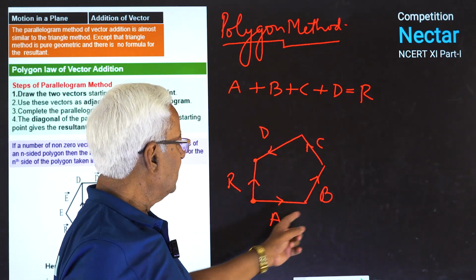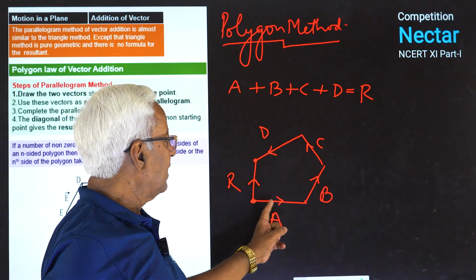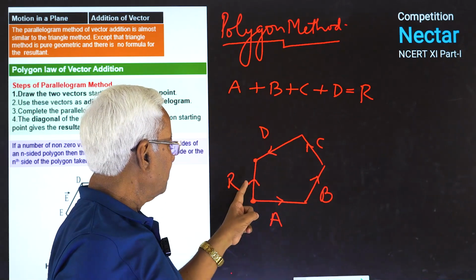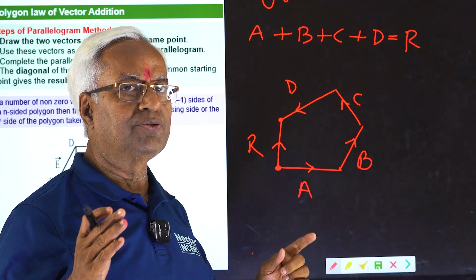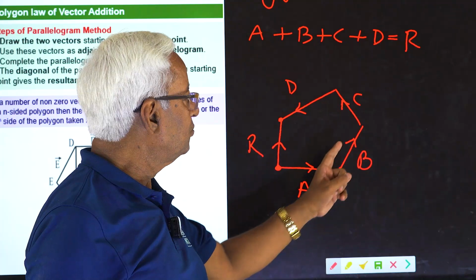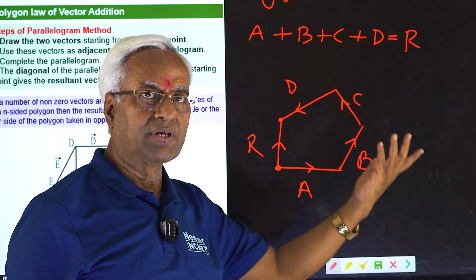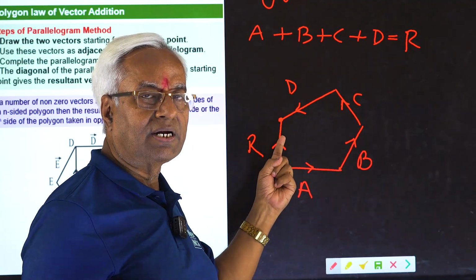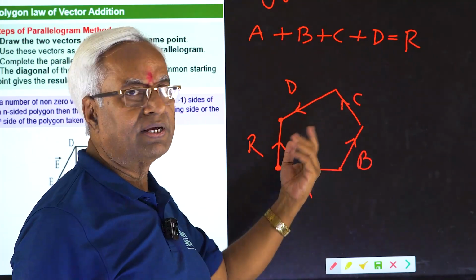Now this is the polygon. Actually it's a pentagon. In the pentagon you have four vectors in cyclic order. The last side is their resultant. In terms of n vectors, you might say, if in a polygon n minus 1 vectors are represented by n minus 1 sides, then the last side starting from the initial point will give the resultant of all the vectors.